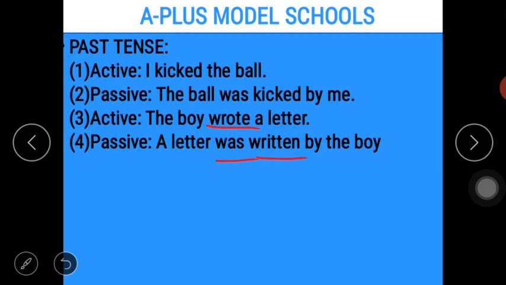written by the boy. A letter was written by the boy. So it has to be in the past tense in a passive way. So I could ask you to come up with a sentence in the present and convert it to the active past.